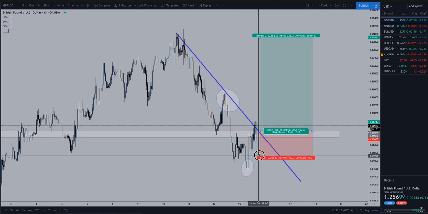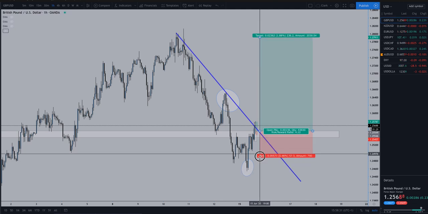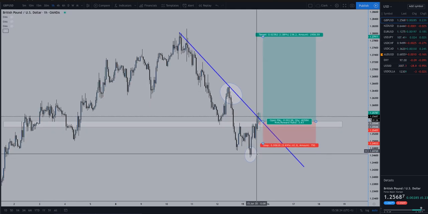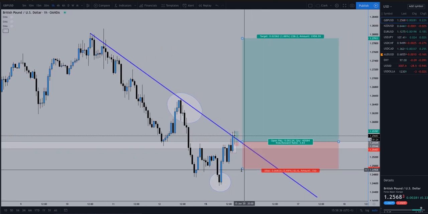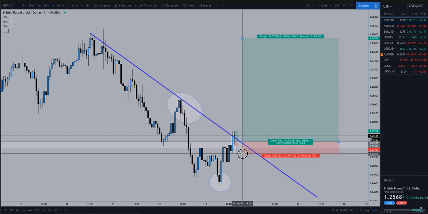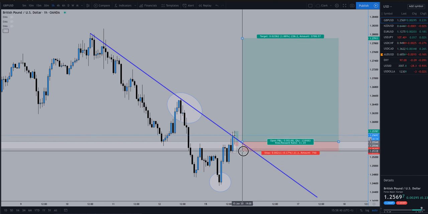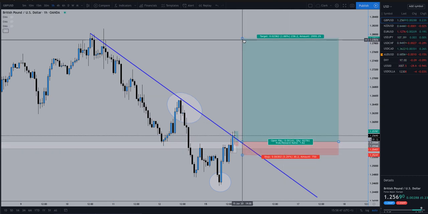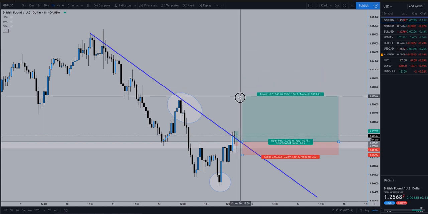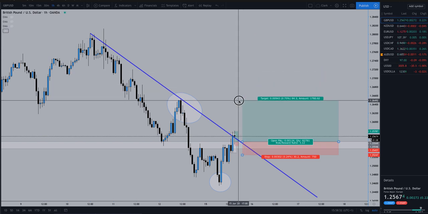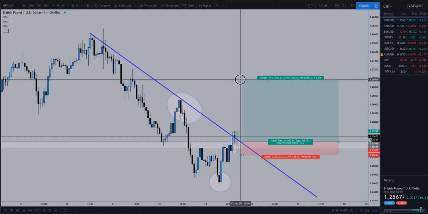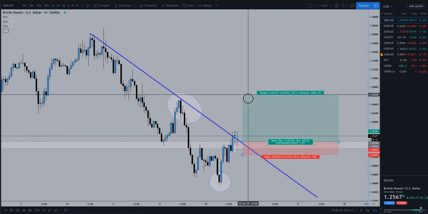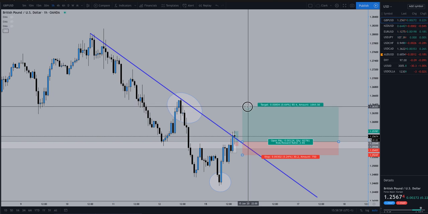Now, if you don't want to give it that much room, say you're looking at it and you're like, well, it's in an uptrend. If it breaks this low, I'm out. So you can set it 5 pips below that. And then look, you're probably still going to target that area. You can target this area. You can target this area. You can target this area. I mean, this one will be a struggle. Look left.